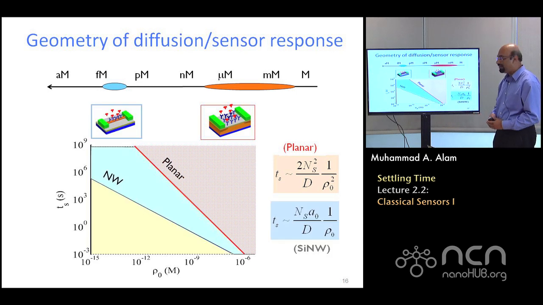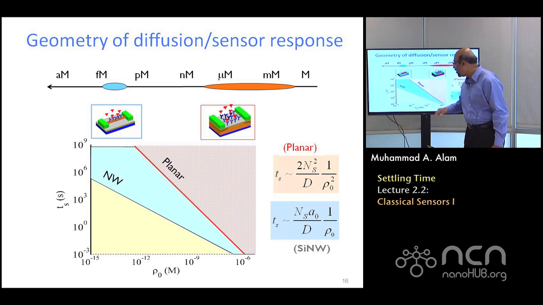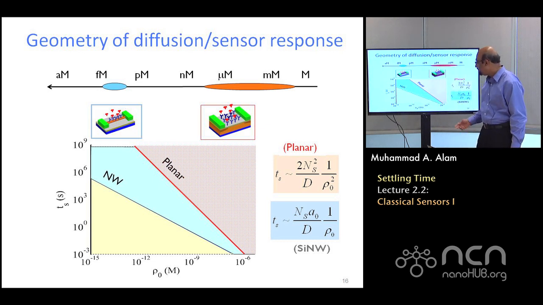On the other hand, if you took a nanowire sensor, remember that nanobiosensors often use nanoscale devices. In that case, T_s goes as 1 over rho naught, which on a log-log plot is a line with a slope of -1. At high density, there is not much difference.